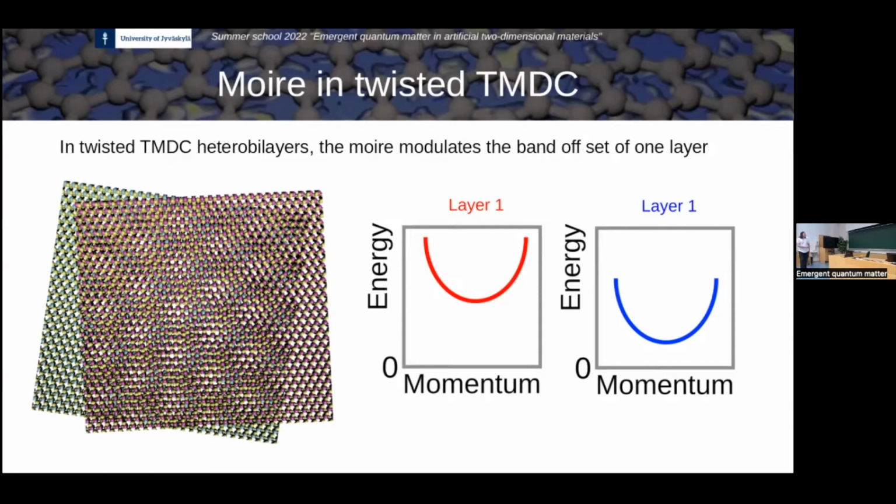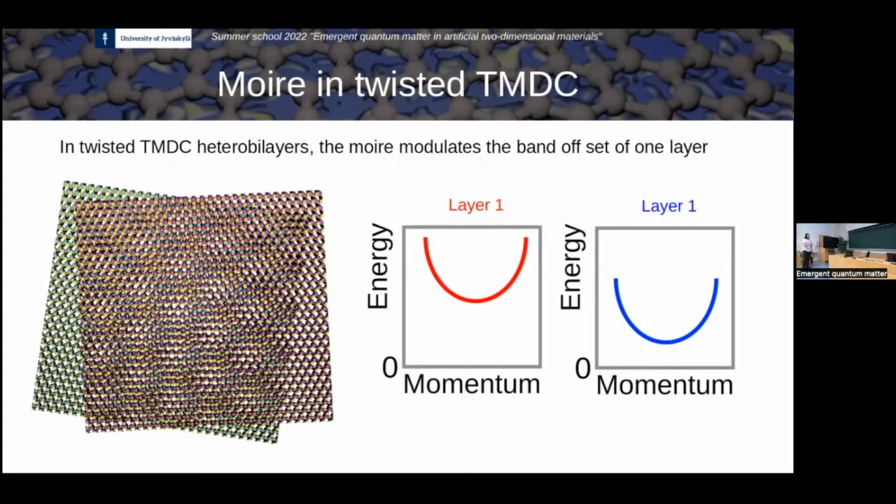So a nice feature of these twisted TMD heterobilayers that have different monolayers is that depending on the doping that you take, you can have moire states that live just in one layer, if your chemical potential just crosses the blue band, or moire states that live in both layers.